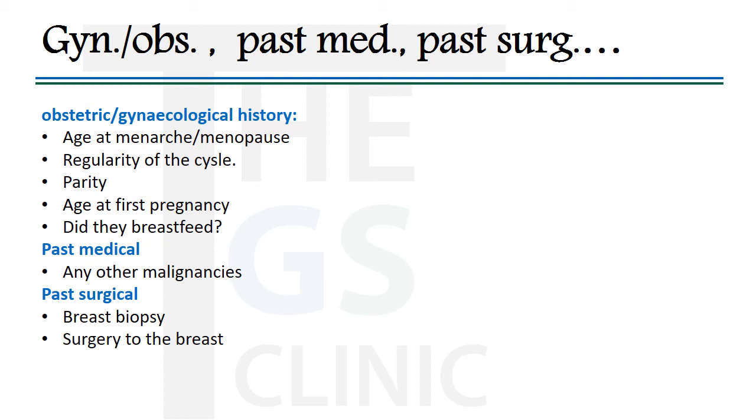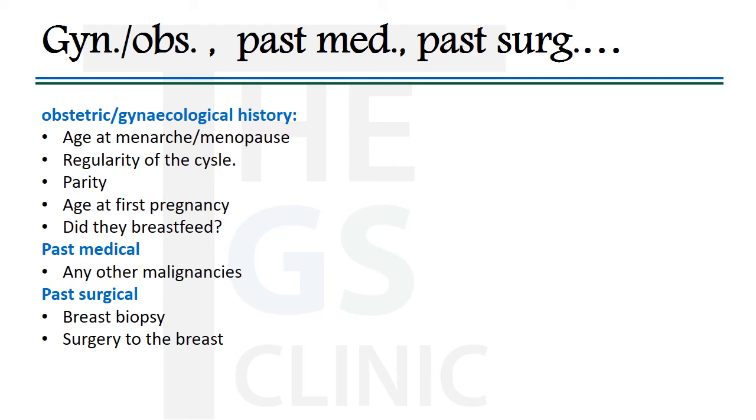You have to memorize these: the age of menarche and menopause if the patient is postmenopausal, the regularity of the cycle, the parity, how many children she has, and at which age she had the first child. This is very important information, and you have to ask about it specifically.